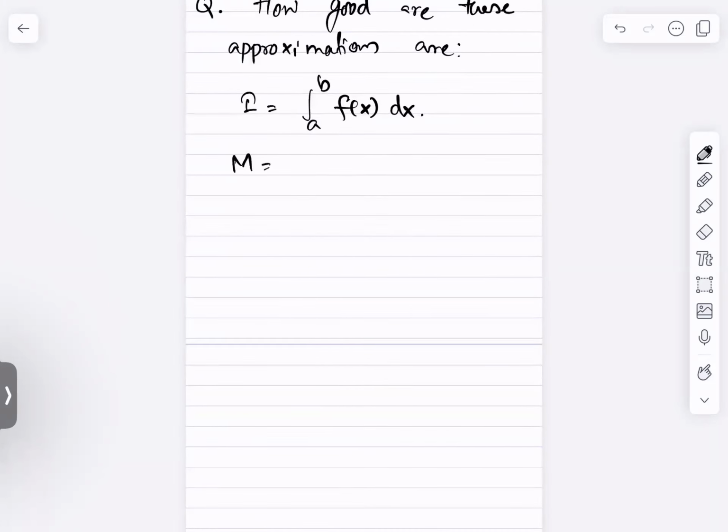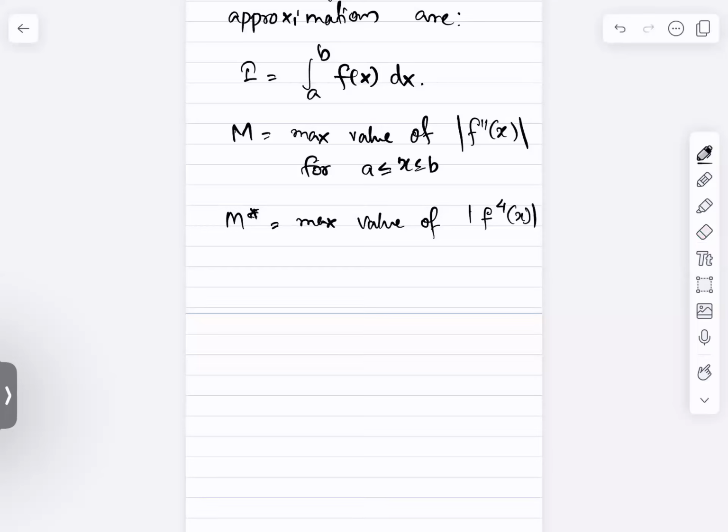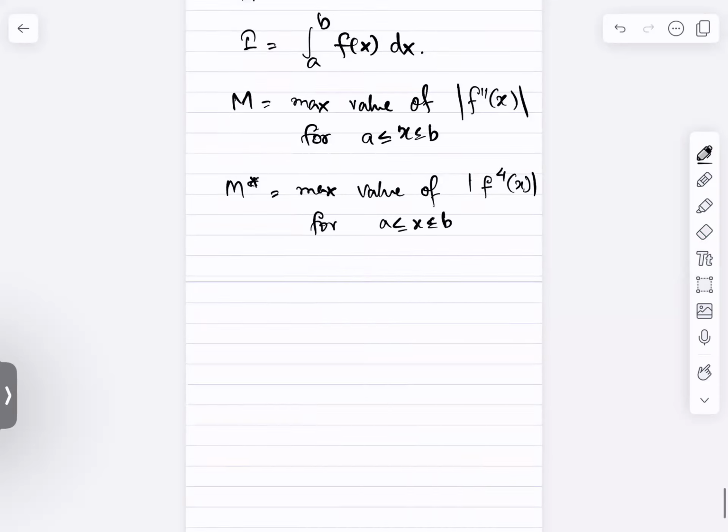And then I'll give the formula for calculating a measure of the error. Say M is the maximum value of the modulus of the second derivative between a and b, and M star is the maximum value of the modulus of the fourth derivative of the function in the interval a to b.